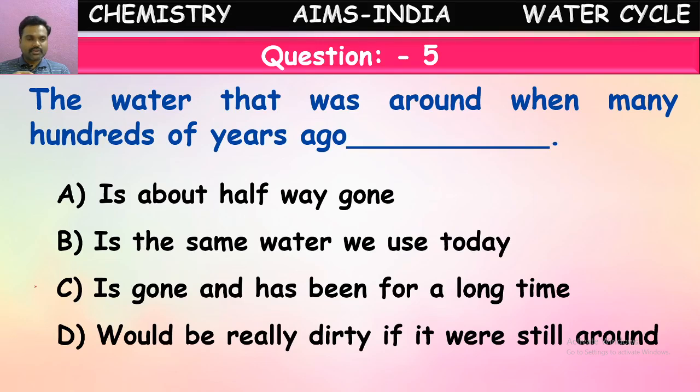And the next option is would be really dirty if it were still around: if that same water were here now, it would be very dirty, they are saying. So what is the correct option? It is a little analytical question, so try to think properly and answer this question.